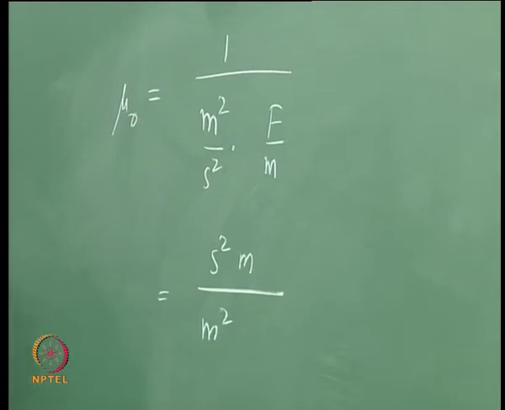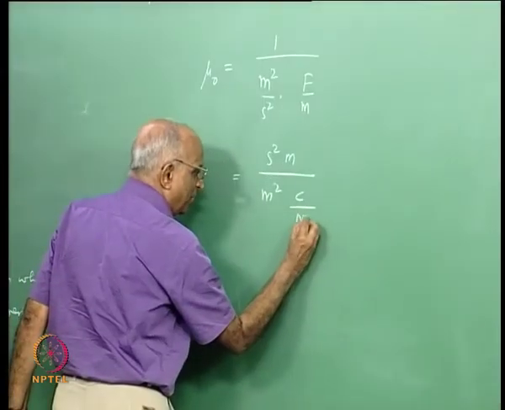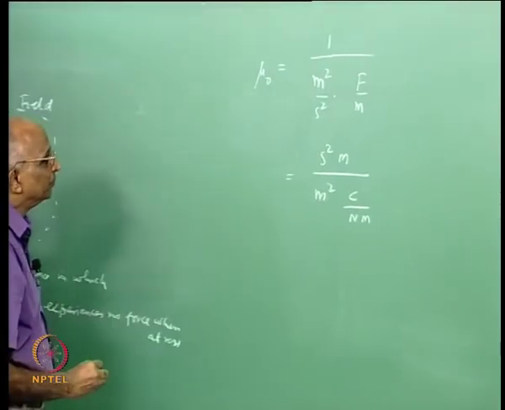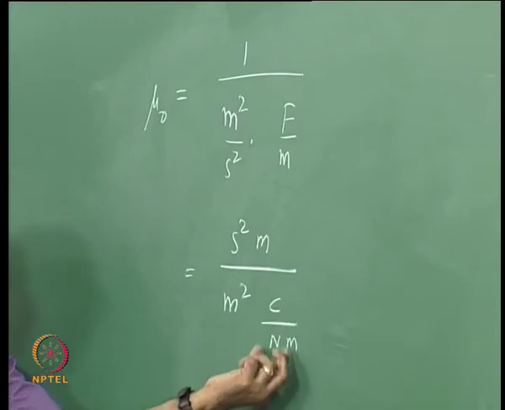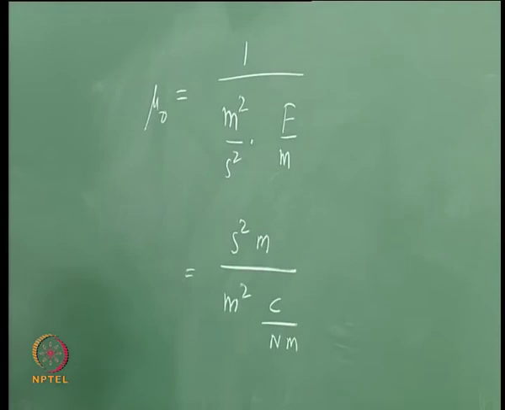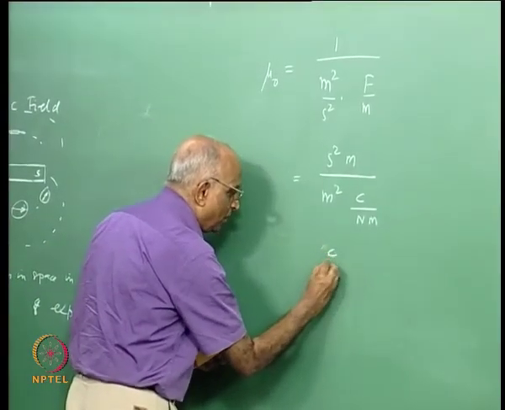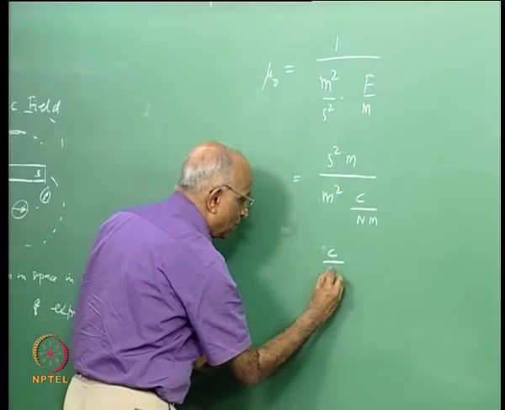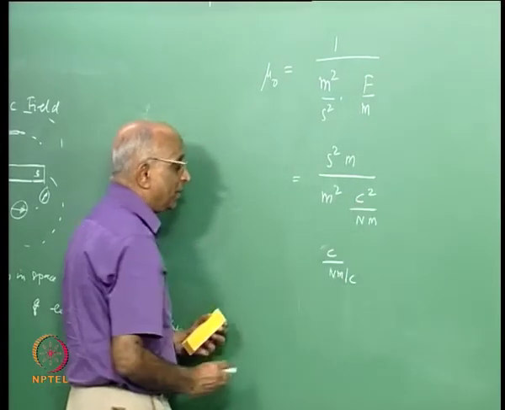And what was farad? Farad is the charge per unit voltage, C by V. And what is V? V is the work done, Newton meter. Therefore, farad is equal to charge, that is coulomb, by voltage, voltage is equal to Newton meter per charge, so I get coulomb square over here.